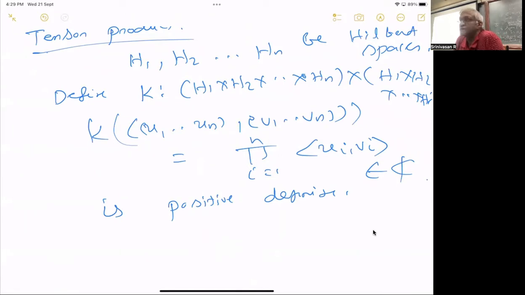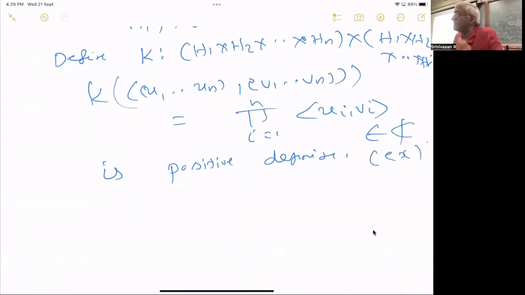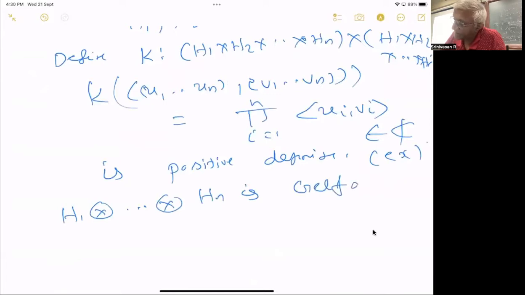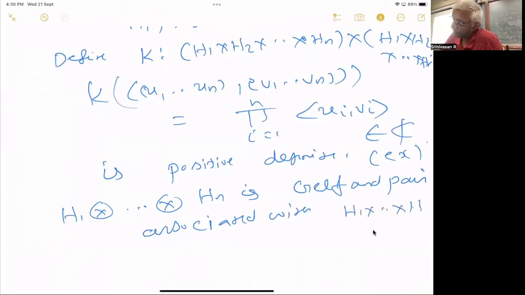Inner product is positive. So verify it's positive definite. So the Hilbert space that we get out of this is what is called the tensor product. H1 tensor up to Hn is the Gelfand pair associated with H1 cross up to Hn and K.